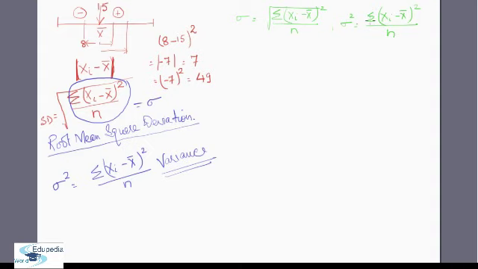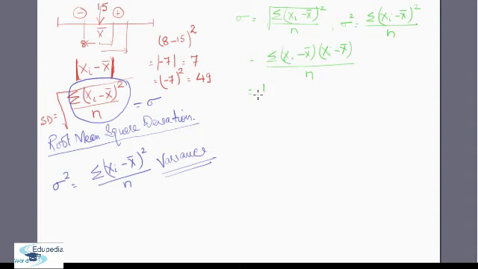Now here we have the square of xi minus x bar, meaning it is to be multiplied with the same value. Therefore, we can write it as summation (xi minus x bar) multiplied by (xi minus x bar), divided by n. Since it is a square, I am writing it in the expanded form. Further, I can split this.